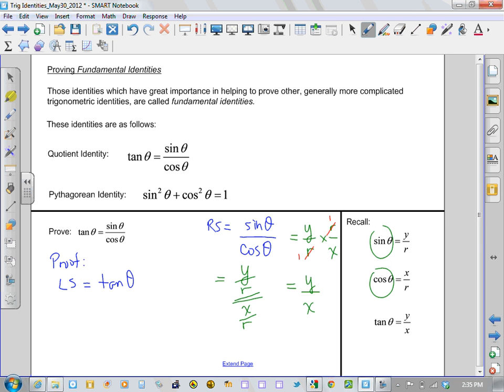Now going back to the other side, tan theta, we already defined as y over x. Now, lo and behold, we do have a left-hand side that is equal to the right-hand side. So we'll make a conclusion.